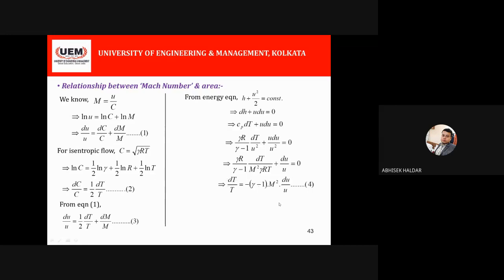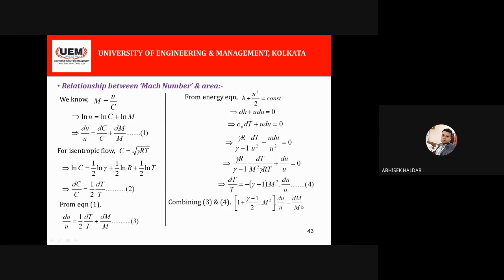Now if I replace this dt by t, combining equation 3 and this 4, what can I write? Just I will replace this dt by t over here. So there will be no t term, there will be only u term, basically du by u and dm by m.